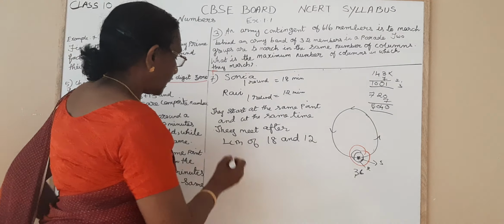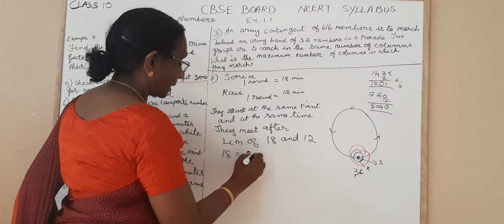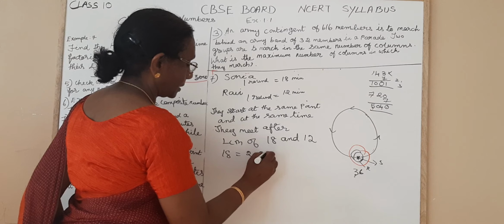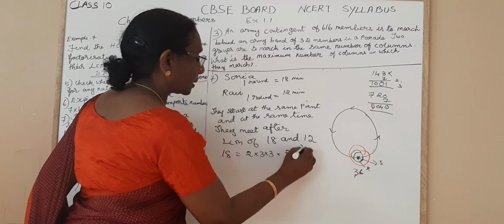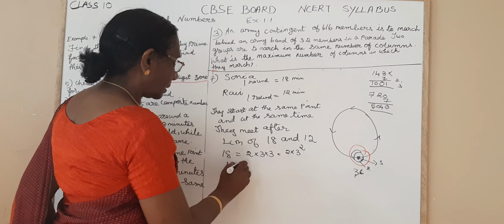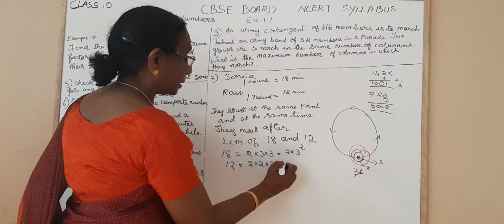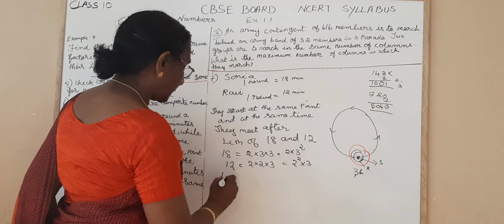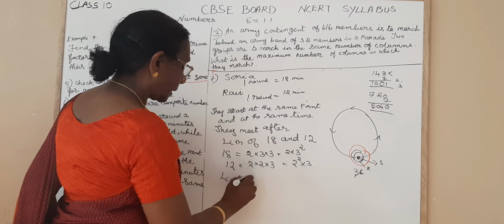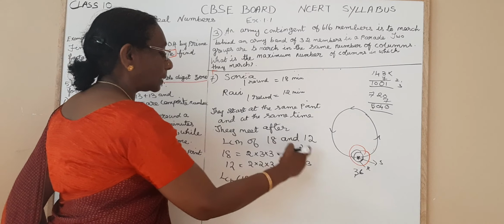Okay. Now here 18 is what? 2 9s are 18, 3 3s are 9. That is equal to 2 into 3 square. And 12 is what? 2 into 3, 4 3s are, that is 2 square into 3. Now LCM of 18, 12 is equal to what?